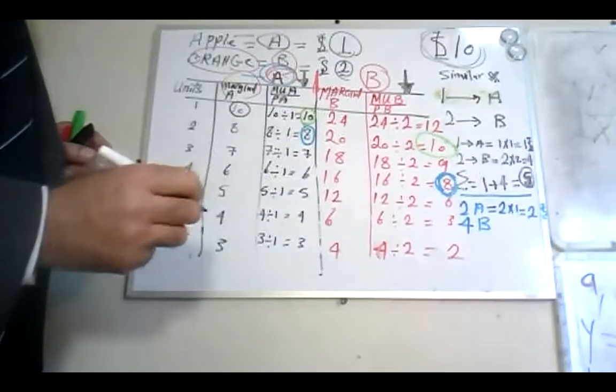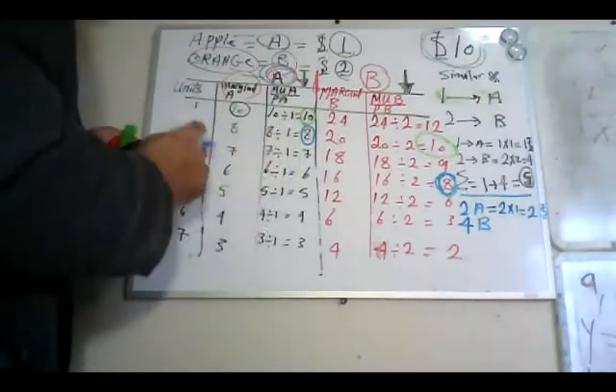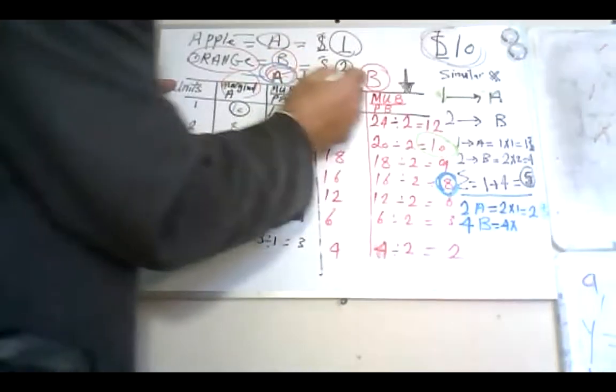So 2 by 1 will equal $2. And 4 of B, 4 by the price of B, which is $2. 4 by 2 will be $8.